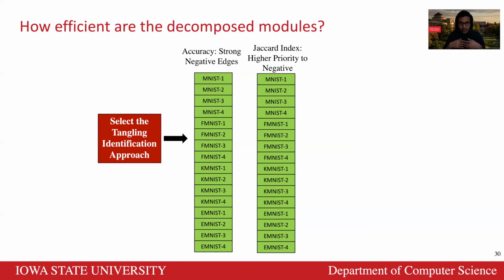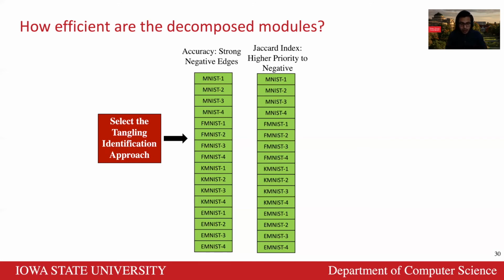However, the average accuracy achieved by using this particular technique is 22.93, and also in 7 out of 16 scenarios, the accuracy is 10%. That means that the decomposed module here is only able to identify its own class, not able to identify the rest of the 9 output levels.